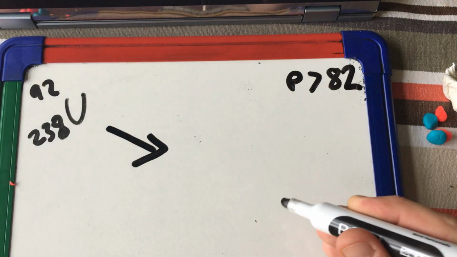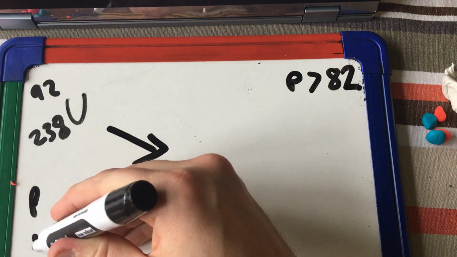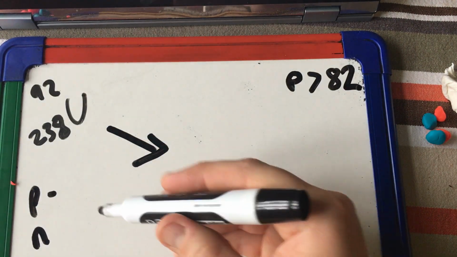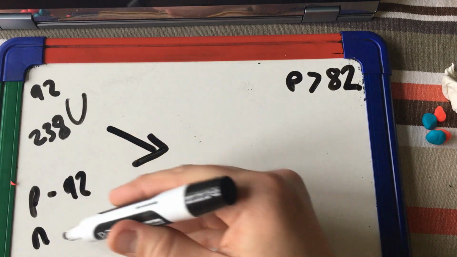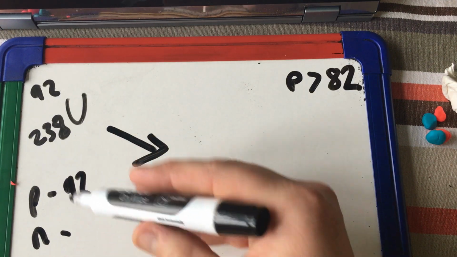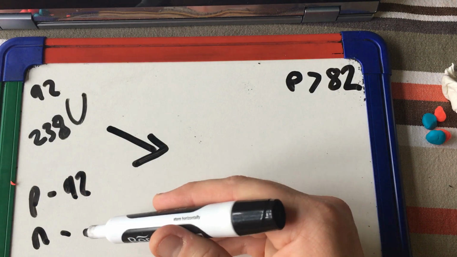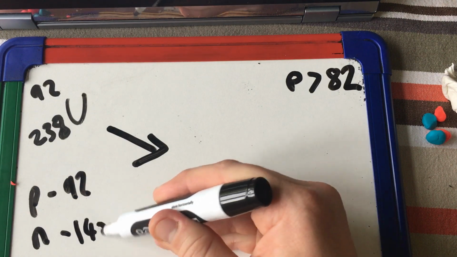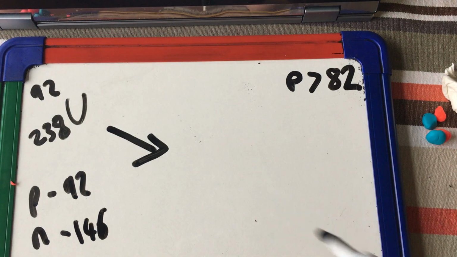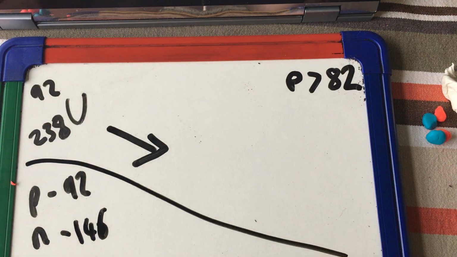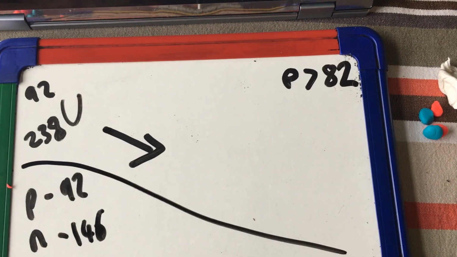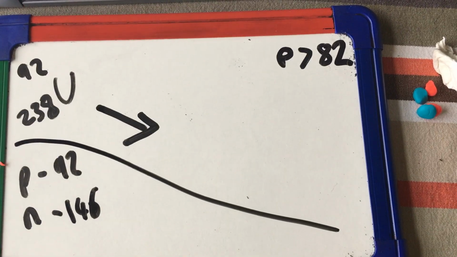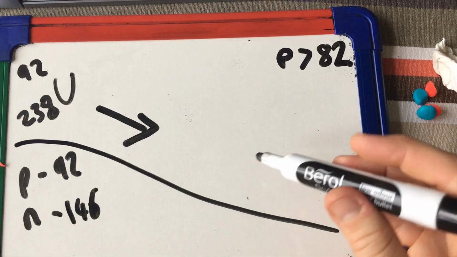It's going to become something else. Just quickly, how many protons, how many neutrons? Protons, 92. Neutrons, 238 minus 92, 146. It's going to lose 2 protons and 2 neutrons.